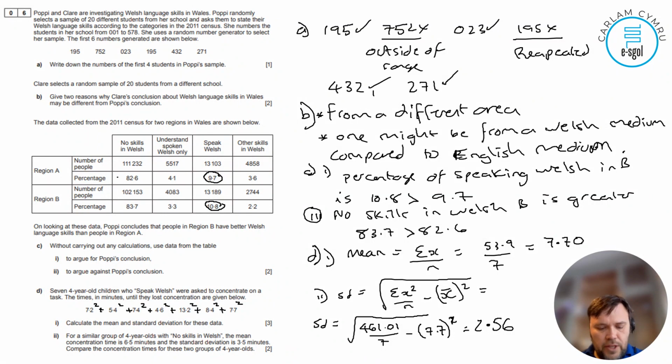So if we do it for the mean first of all, I can just about fit it on here. On average, and I need to see those words on average, because it's asking you to compare, it's not good enough to get the mark to just write down what the 2 values are.